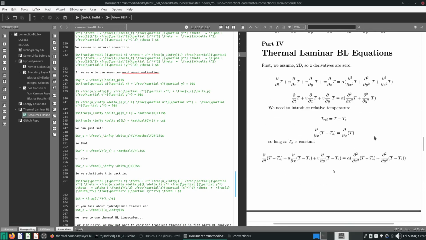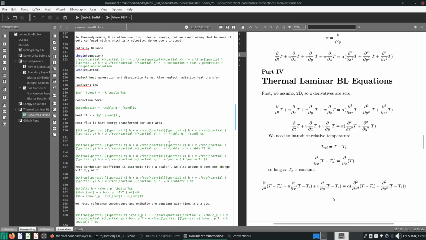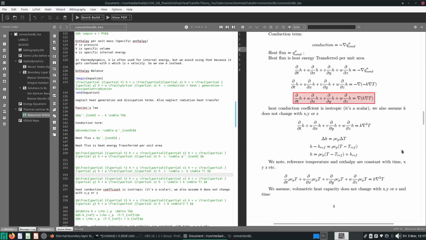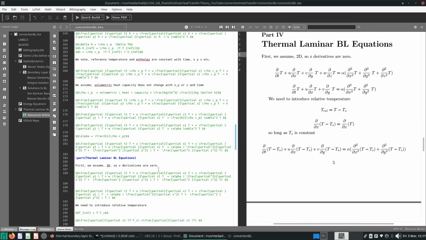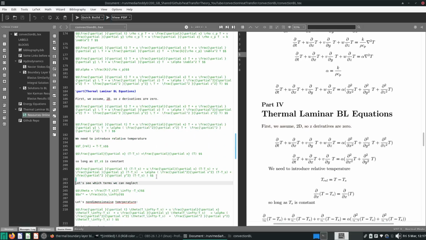Okay, Ts is constant. So the 2D derivatives are here.